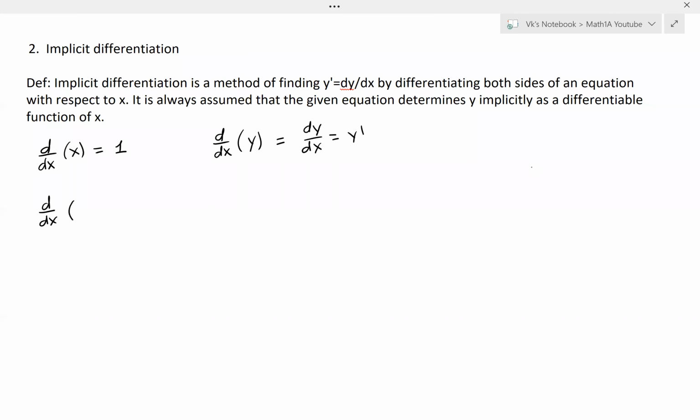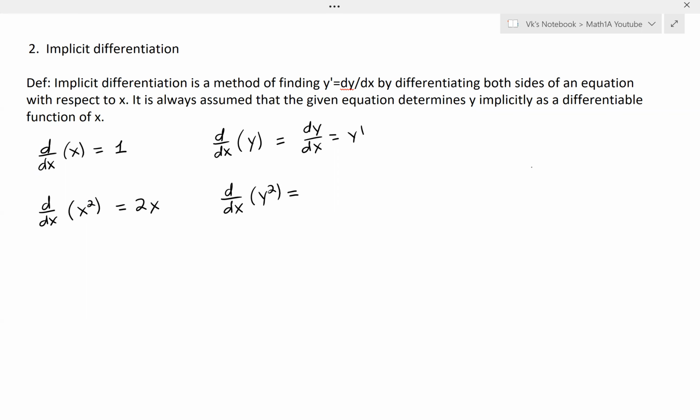Derivative with respect to x of x squared is 2x. Derivative with respect to x of y squared: y is treated as a differentiable function of x, so we got to use the chain rule.